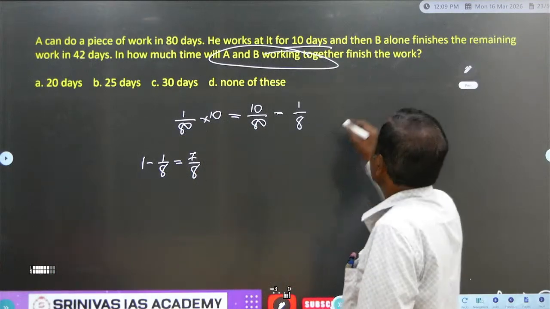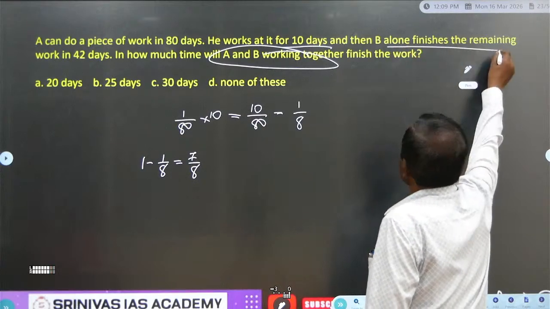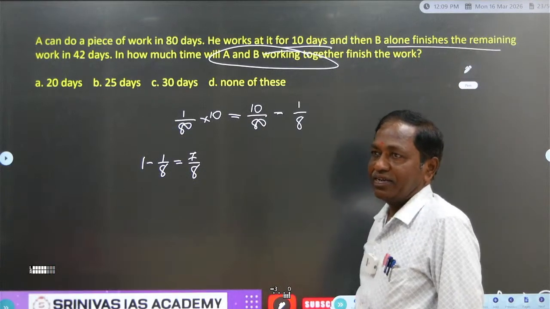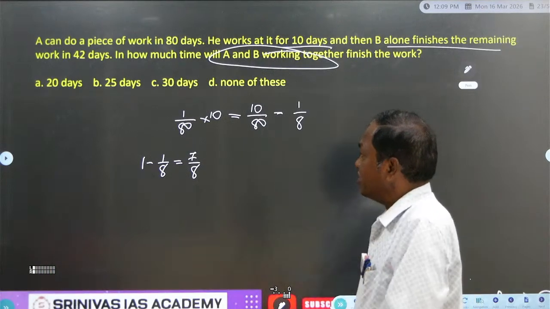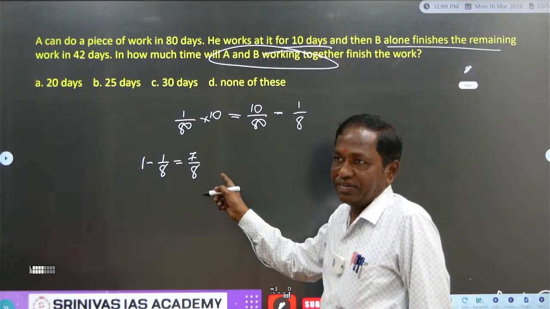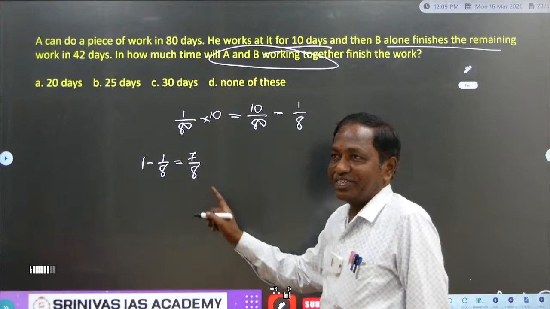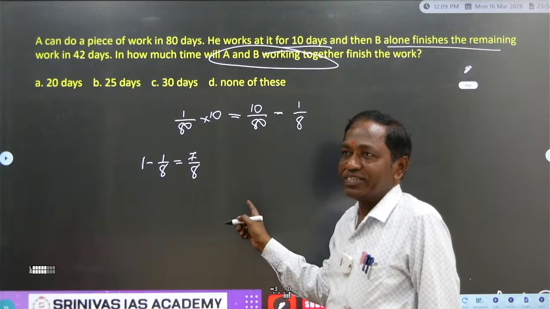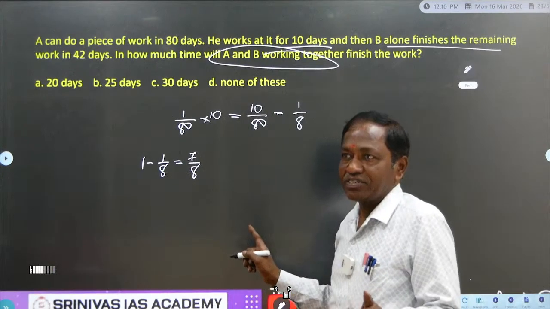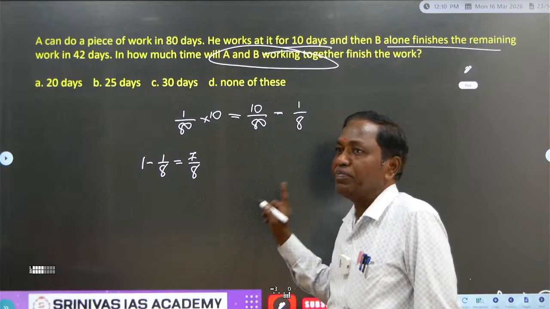For B, the remaining work is 7/8, and he finishes it in 42 days. LHS equals RHS, so the 1 day work of B will be known.